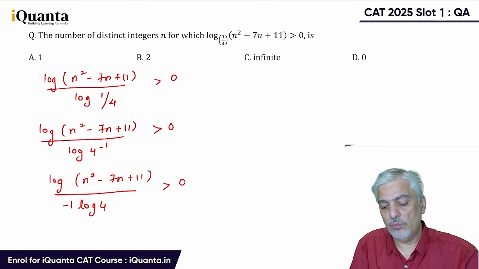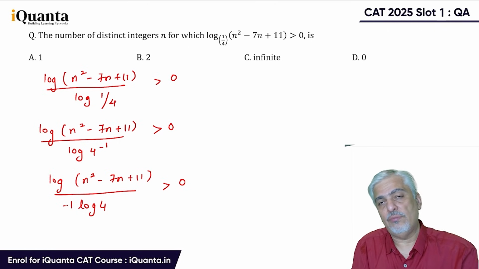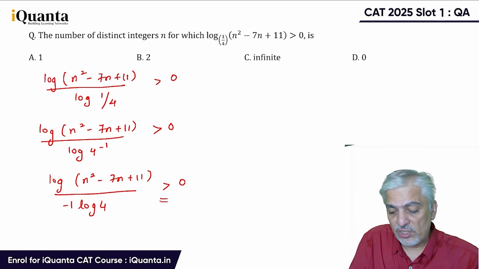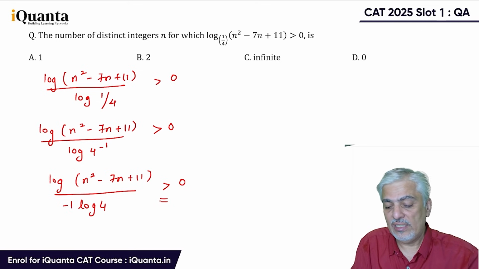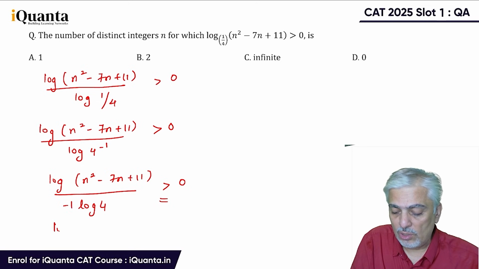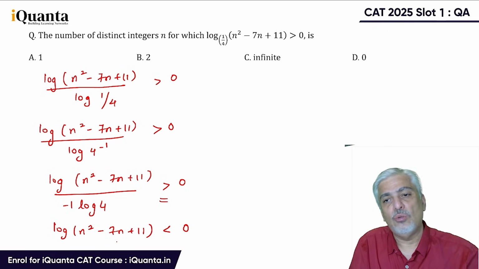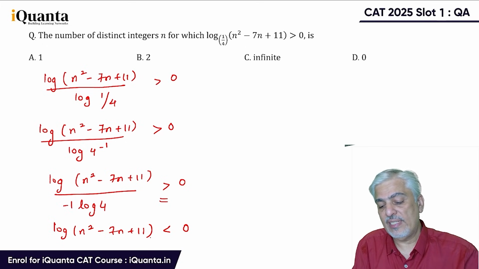Now, because of the minus sign, we know it is negative. If I multiply both sides by negative 1 times log 4, this inequality will change from greater than to less than. So my inequality will become log of n square minus 7n plus 11 is less than 0, because 0 multiplied by anything will become 0, but because you multiply by a negative, this became less than.